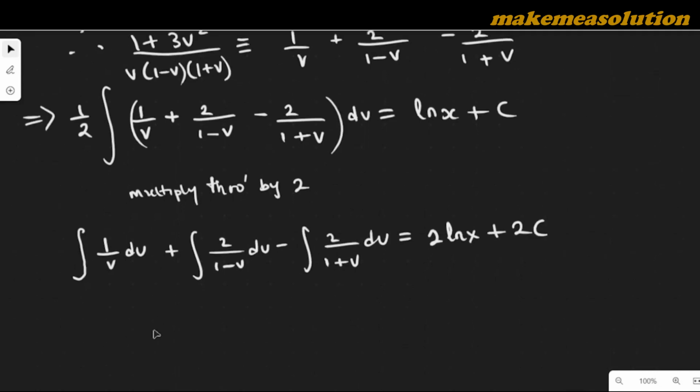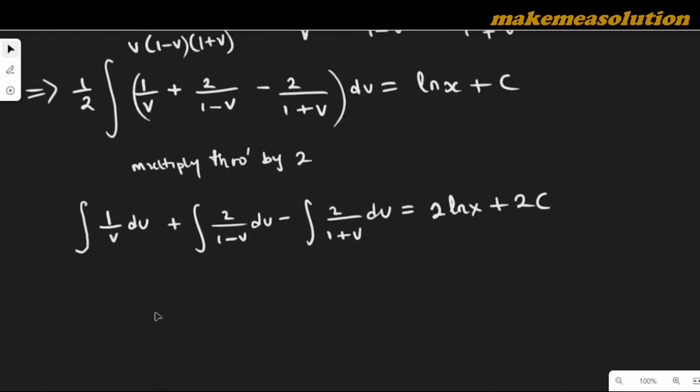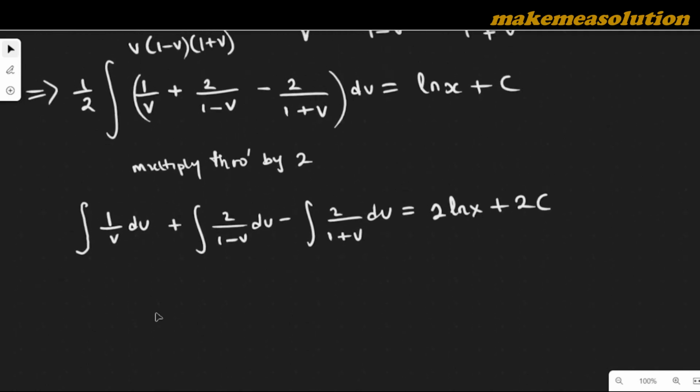Okay, so that is what it's going to look like. So we are multiplying through by 2, and we are distributing the integral. So you're now going to integrate.